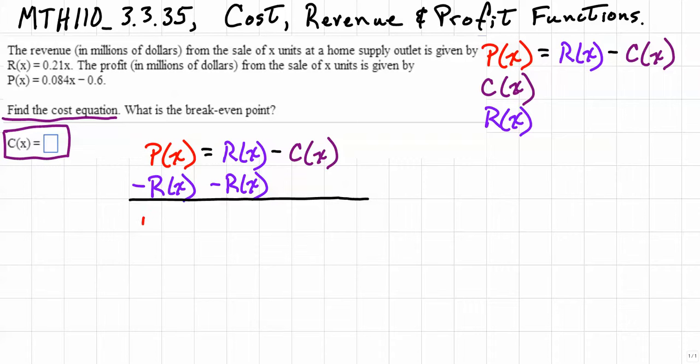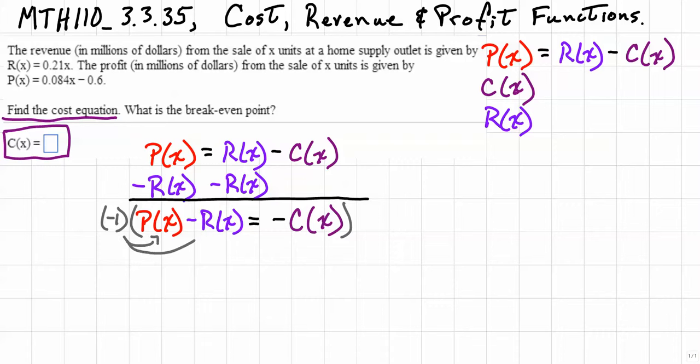I now have P of x minus R of x equal to a negative C of x. It can't be a negative value, so I multiply through by negative 1, which affects each term. That means C of x is equal to R of x minus P of x.